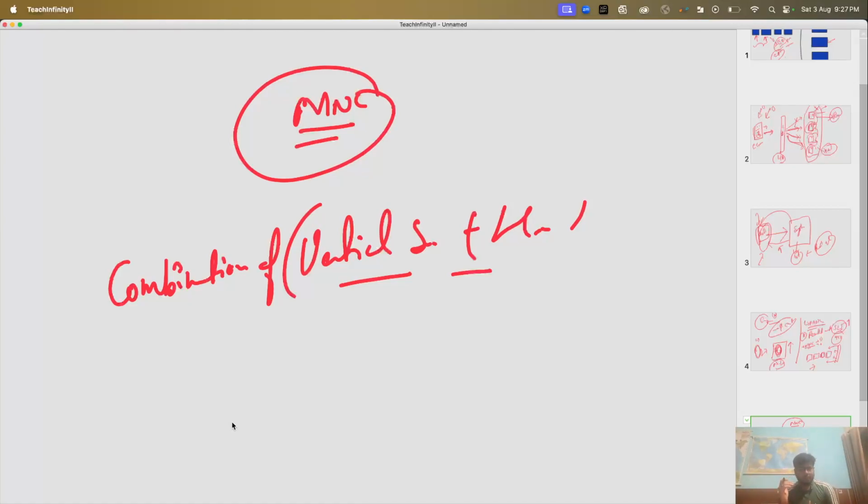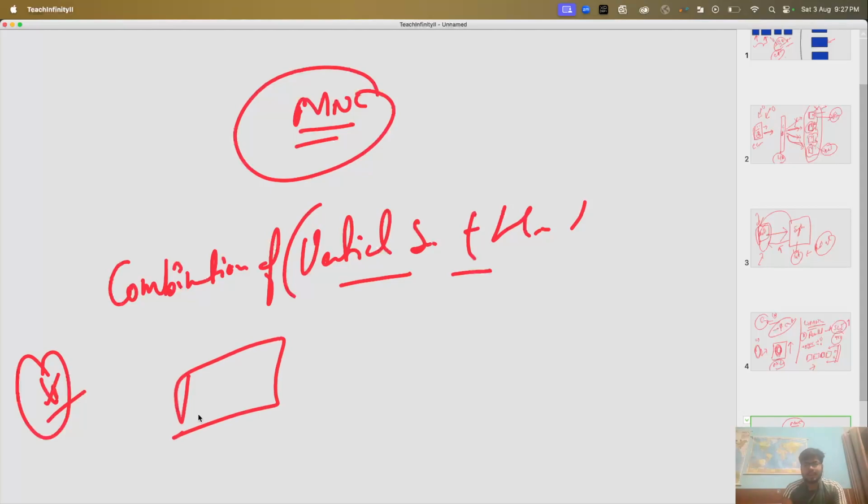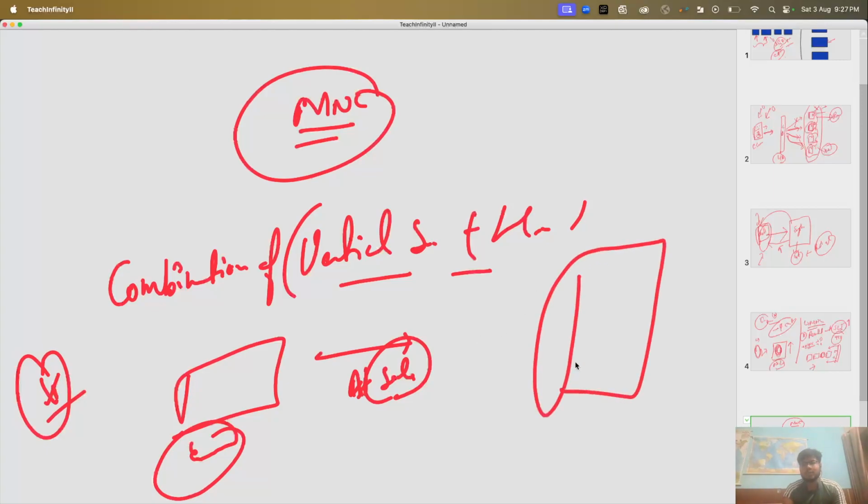So we do a combination of vertical scaling plus horizontal scaling. We increase the memory, and if we think we are getting more load, we add a new system. Another benefit of horizontal scaling is that suppose you have an e-commerce website and there is a sale going on, and you know that when there's a sale the traffic will be higher.